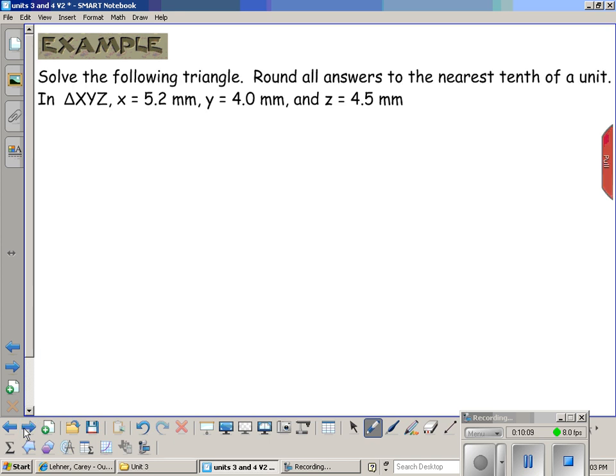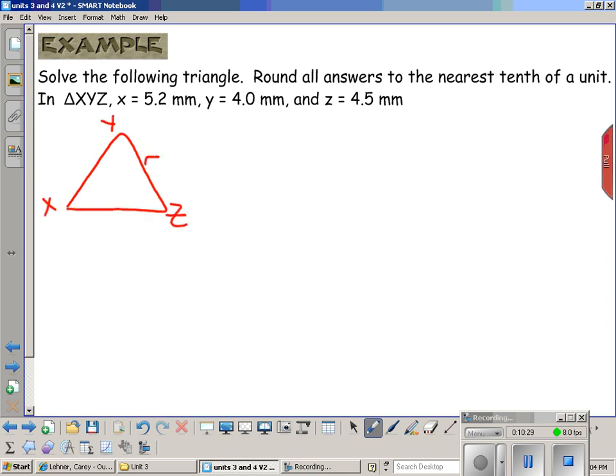All right, here's one where the diagram is not given. We want to solve the following triangle, and solving the triangle means find all missing parts. We want to round all answers to the nearest tenth of a unit. So we have triangle XYZ.